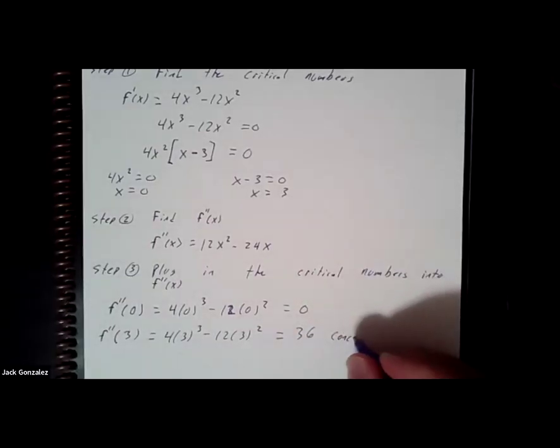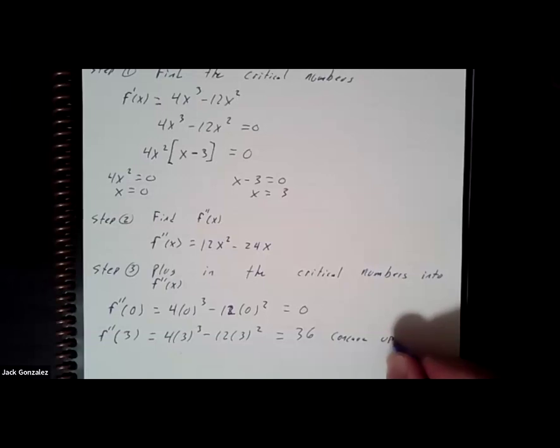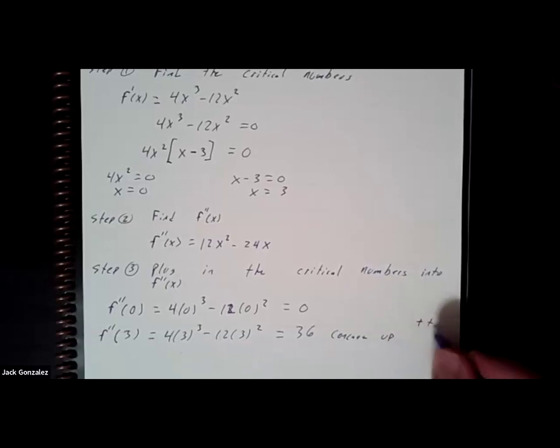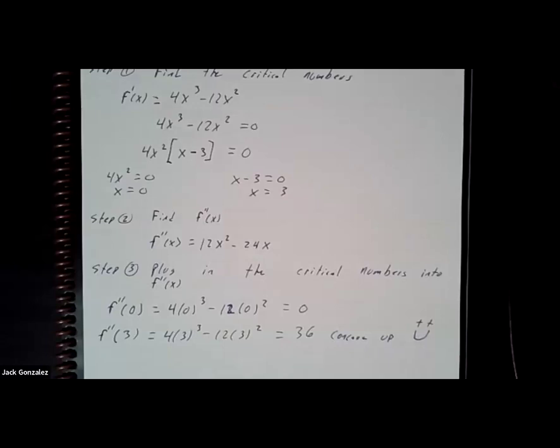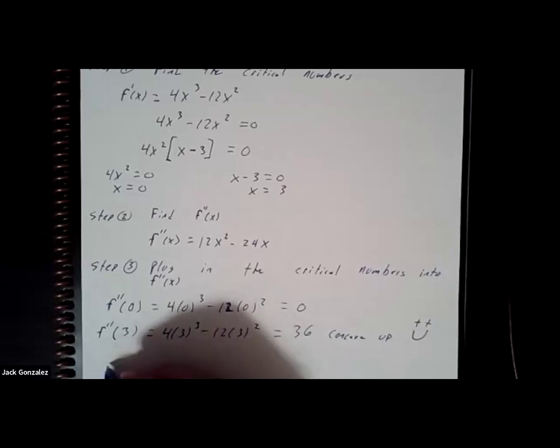This tells us positive, so concave up. So if it's concave up, does that mean minimum or maximum at 3? Yeah, minimum, right?